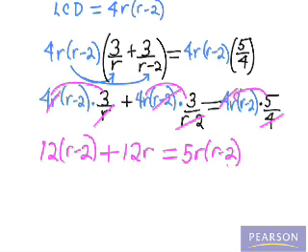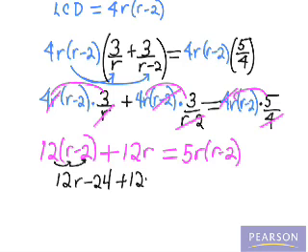Now distributing the 12 through the parentheses, we get 12R minus 24 plus 12R equals, distributing the 5R through, we get 5R squared minus 10R.